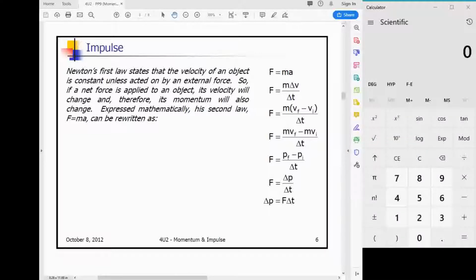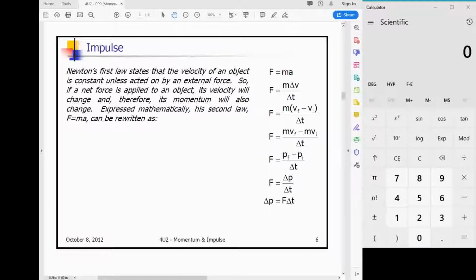So what is impulse? Now, Newton's first law says that the velocity of an object is constant unless it's acted on by an external force. So if the net force applied to an object is unbalanced, the velocity of the object will change, which implies that the momentum would also change.